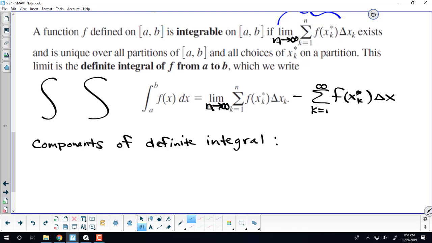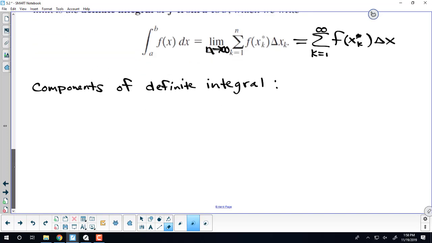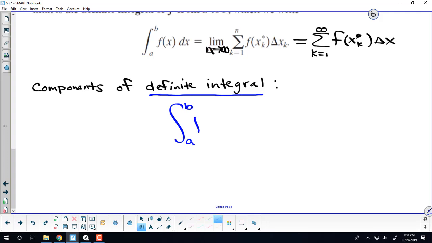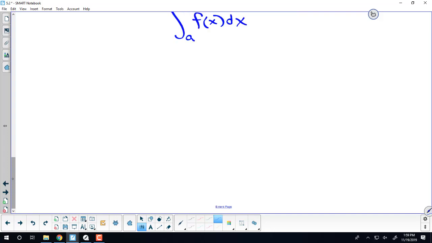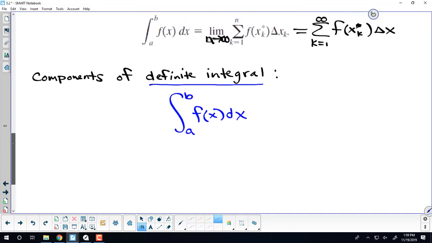Okay, so the components of the definite integral. And again, by definite integral, what we mean is this thing here. The a and b are just the endpoints of the region.